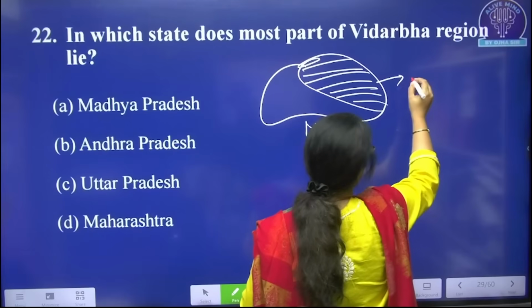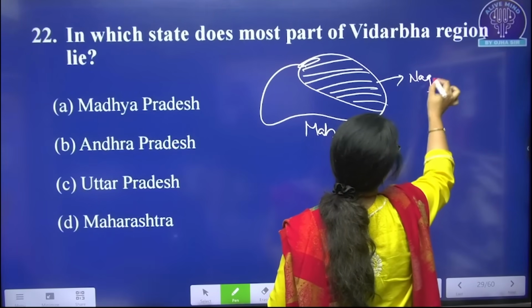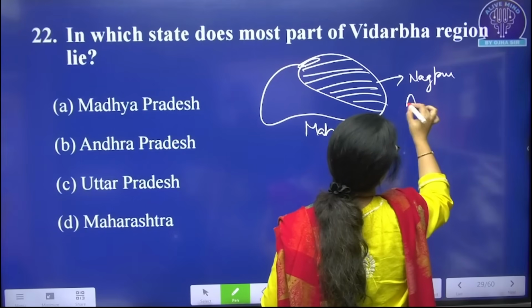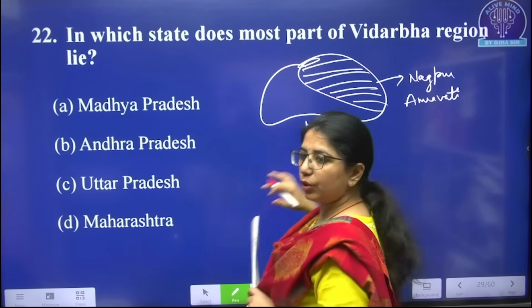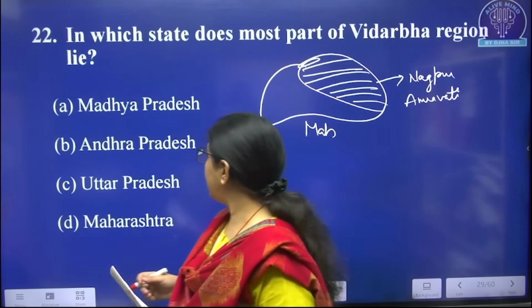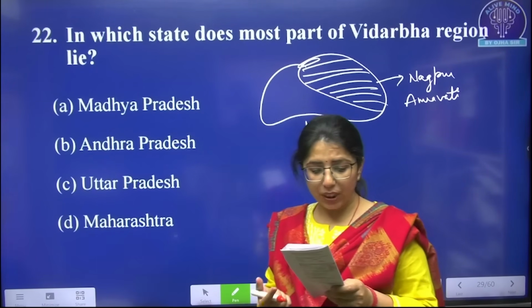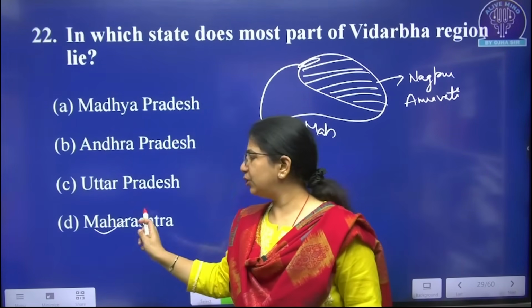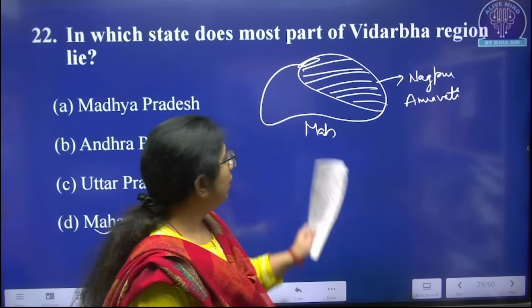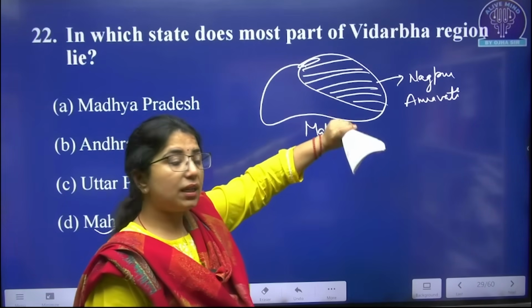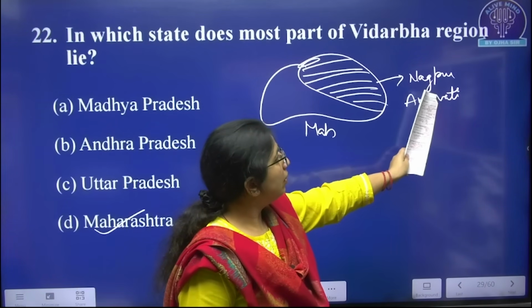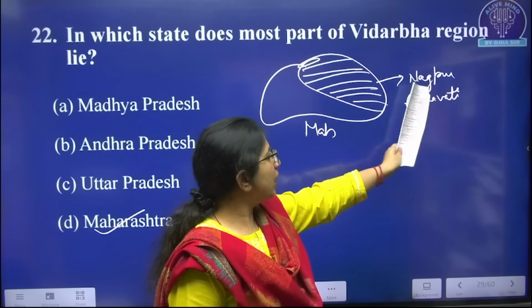They are Nagpur and Amravati. Note these facts along with the questions. The options are MP, Andhra Pradesh, Uttar Pradesh and Maharashtra. Answer is obviously D, Maharashtra. Eastern part of Maharashtra is Vidarbha region. It contains two regions, two divisions you can say, Nagpur and Amravati.